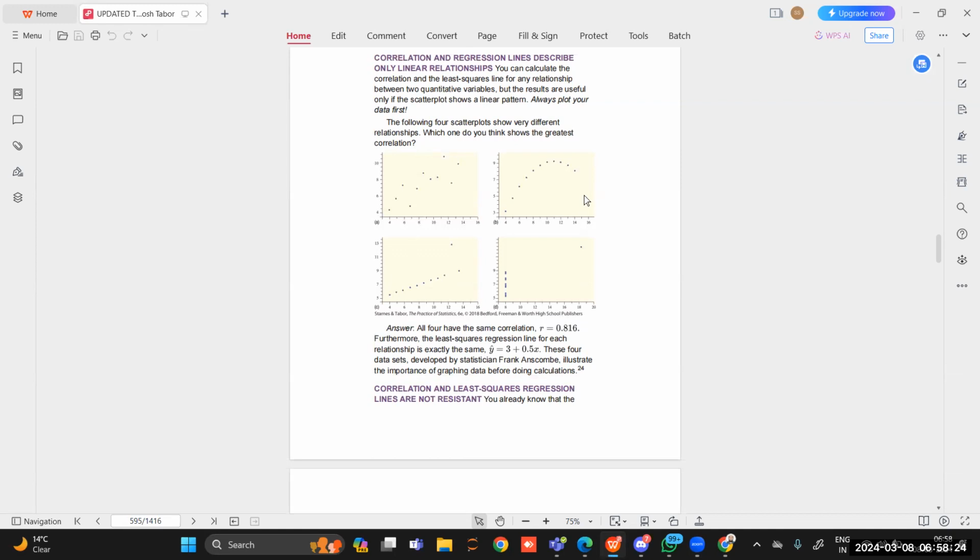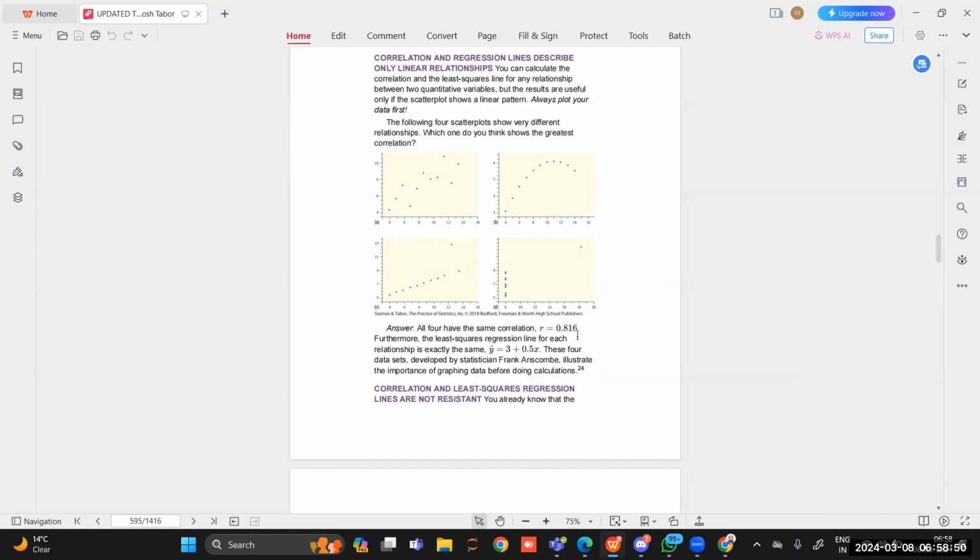So all four have the same correlation, r equals 0.816. Furthermore, the least square regression line for all four is the same: y hat equals 3 plus 0.5x.